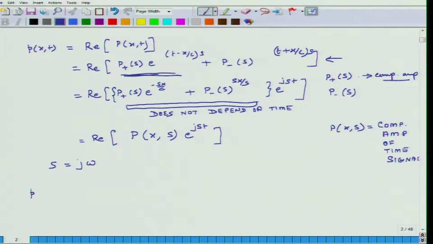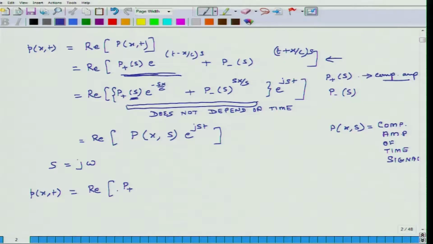So then I can write p of x and t equals real of p plus, and for the sake of brevity I am not going to write this s term, but we should always realize that p plus could vary with frequency. So we are just going to omit this s term wherever it comes along with p plus, but we should always realize once again that p plus can vary with respect to frequency.